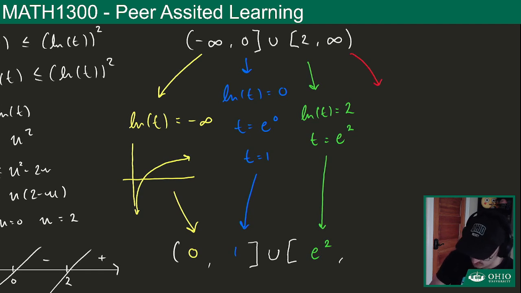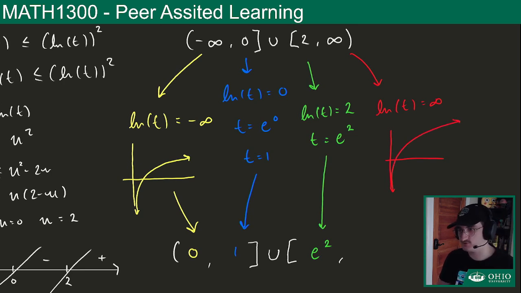So I'm asking, well, if infinity is u, then the natural log of what equals infinity? And again, it doesn't really equal infinity, but we can look at that same picture of the natural log, and as t grows and grows and grows, the natural log is going to tend to infinity. So we want t to head in the direction of infinity as well.